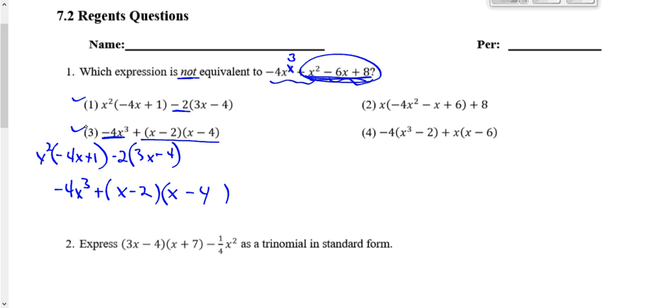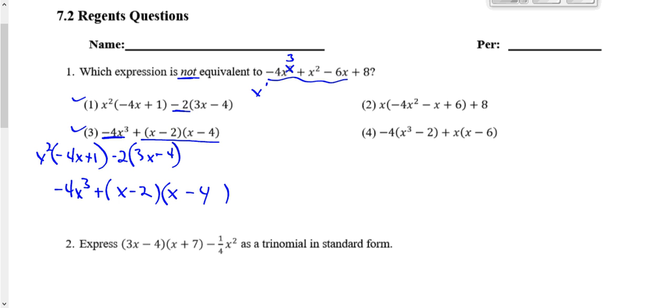Okay. What about choice 2? What does it look like they did? What did they not touch in choice 2? It looks like they just tried to find a GCF, a common factor in that one, right? What would be the common factor? And again, that's a 3.